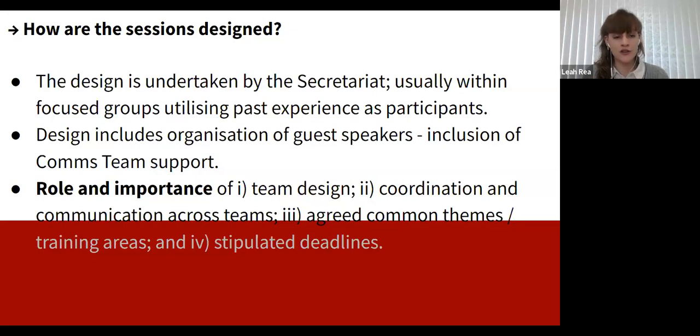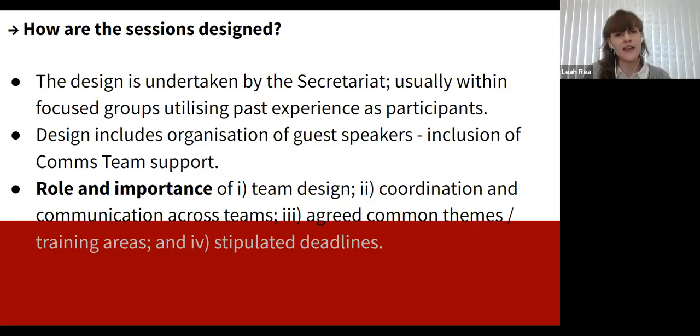And I would argue that it shouldn't just be a case of a team going away and saying, I will prepare 3 PowerPoint presentations for 3 sessions. It should be undertaken in steps, identifying smaller tasks and agreeing timeframes and deadlines for those tasks.